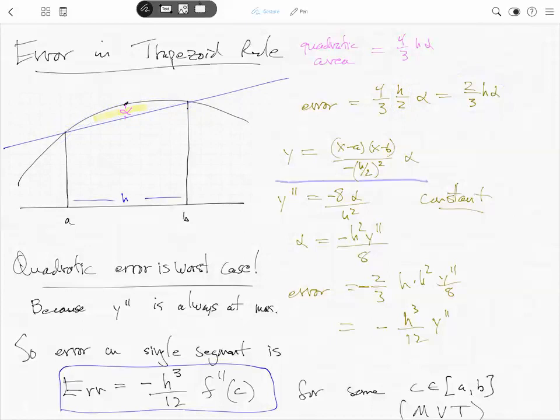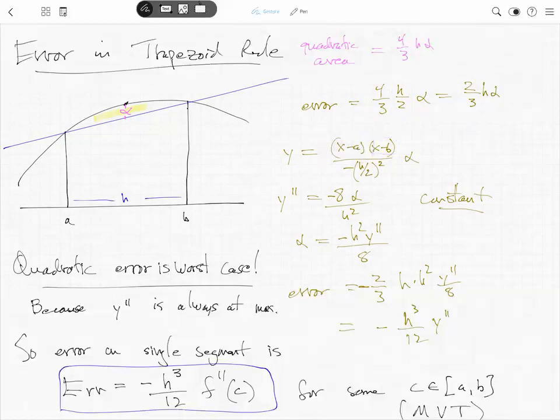And then we can assume that this bump is given by the function y equals x minus a times x minus b over minus h squared, except that I've replaced h by h over 2, so minus (h over 2) squared, times alpha. This is because we know the function goes through the x-axis at a and also at b, right? So that's how we know it's got those two factors in it.